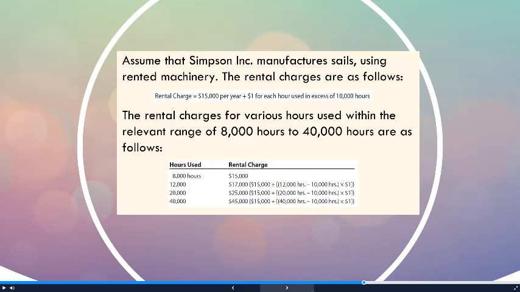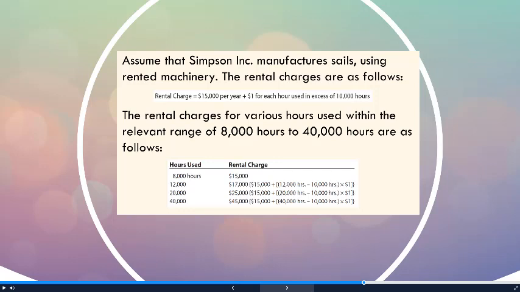Here's an example of a mixed cost. Assume that their rental charge is $15,000 per year, and then they have to pay $1 for each hour in excess of that 10,000 hour threshold. Therefore, if we used this facility for 8,000 hours, we'd have to pay that $15,000.